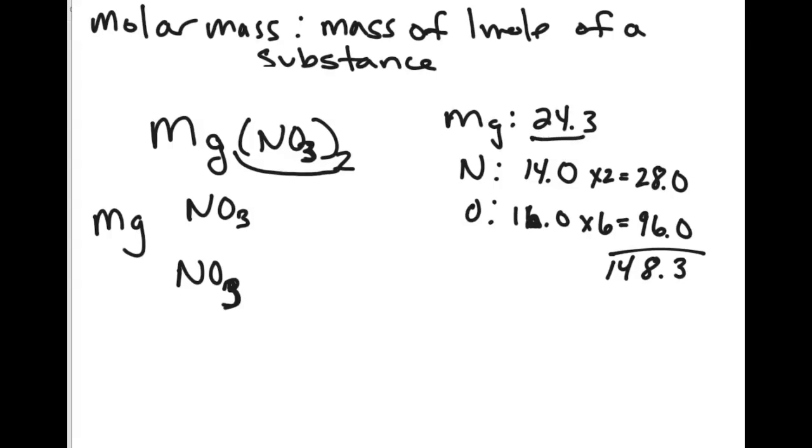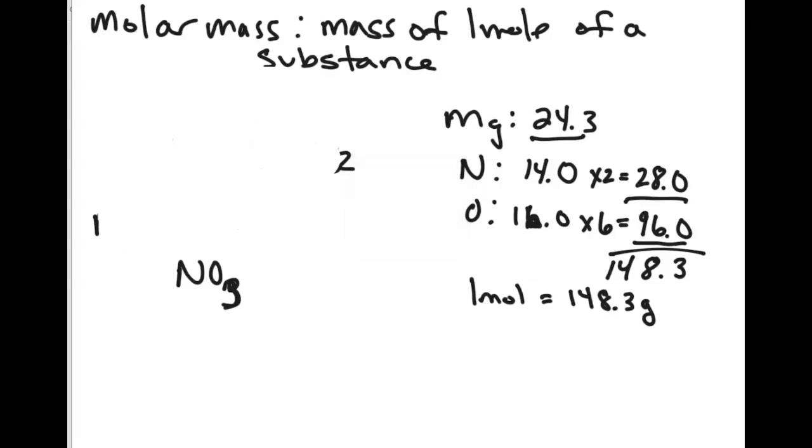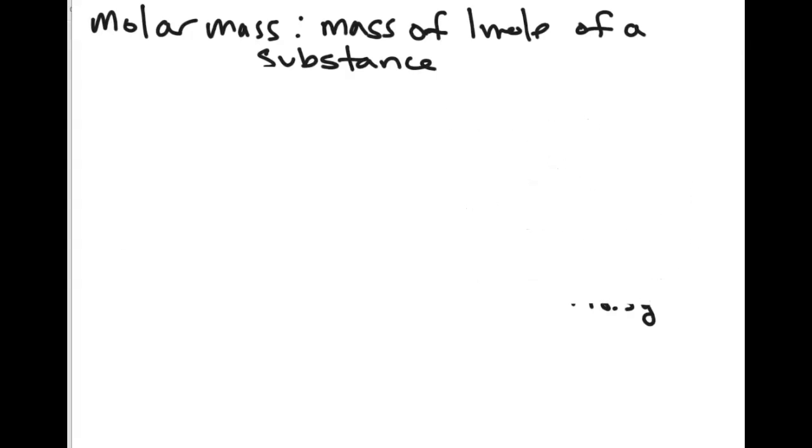But what I did was I added 1 magnesium, 2 nitrogens, and 6 oxygens. So this would mean that 1 mole of magnesium nitrate equals 148.3 grams. All right, let's try one more of those, and then I will send you off to work on your worksheet.